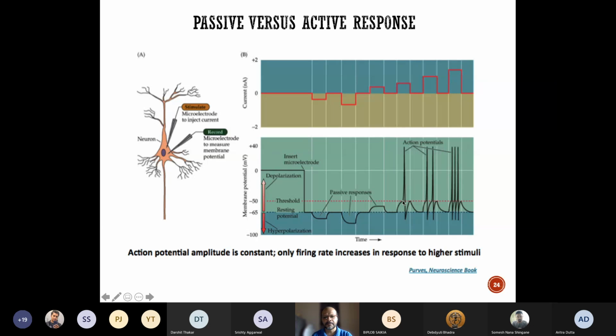It doesn't change with distance away from the current injection site, which is not the case for a passive circuit. I didn't talk about passive propagation in this class, but in a passive case, the fall off with current injection site and distance is exponential, which means very quickly the disturbance is lost, but not in case of an active case.